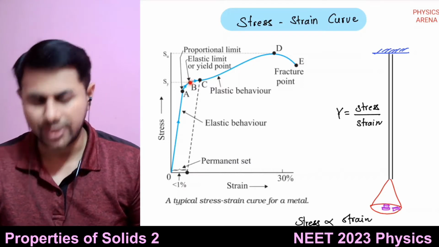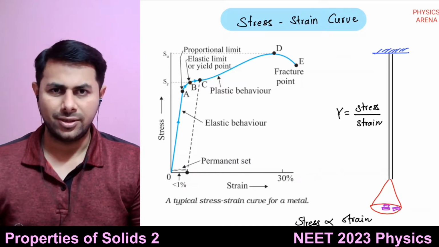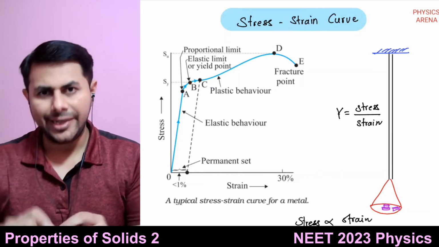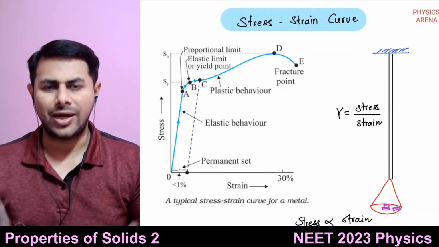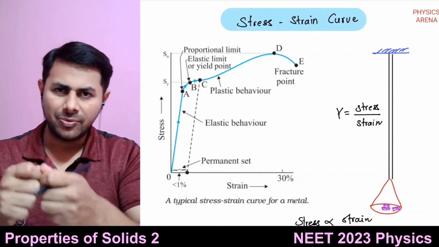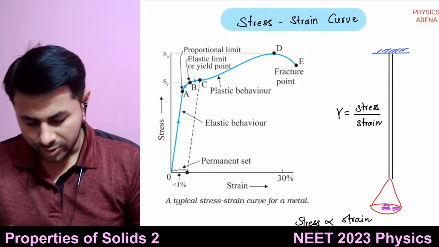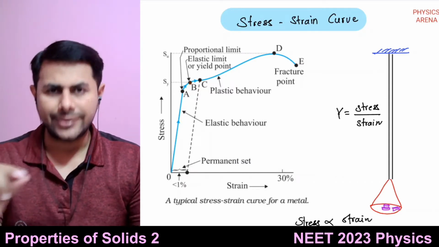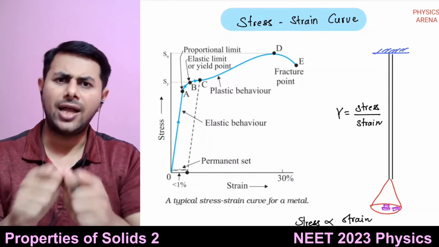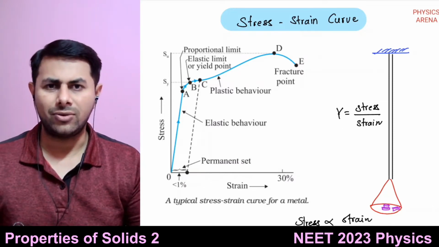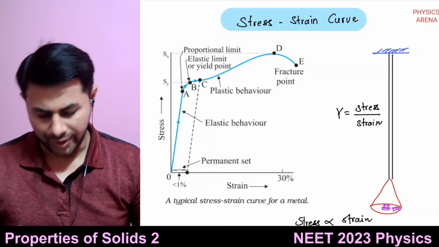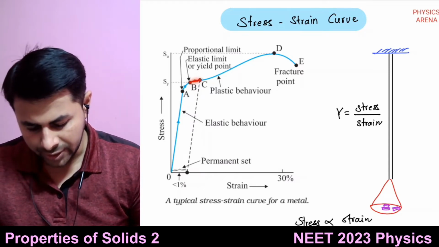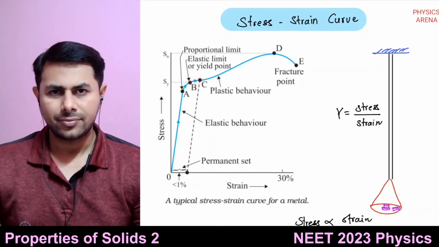Therefore, this point is known as the yield point. After the yield point, the wire is yielding, which means it flows. After this point, for very little increment in stress, there is a large increment in the length of the wire, a large increment in the strain. And it continues till this point C.